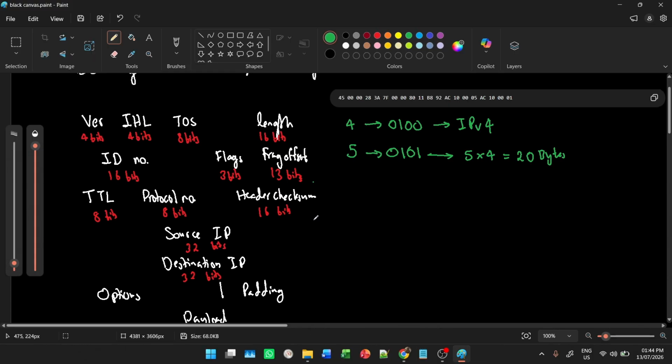Next we have type of service, that is 8 bits. So 8 bits means this entire part. Only one number is reserved for version and only one number is reserved for IHL. You may be wondering, I can only write 0 to 9 here, so how can I get 15?